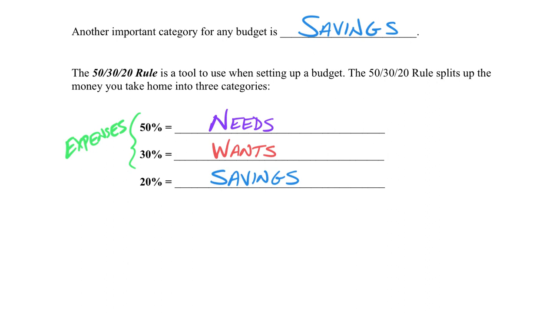And so a great suggestion is if you can build and then adhere to, stick to a budget where about 50% of your income goes towards needs. Things like shelter. So is that rent? Is that your mortgage? All the things that go with that. Utilities, insurance. And then 30% goes to your wants.